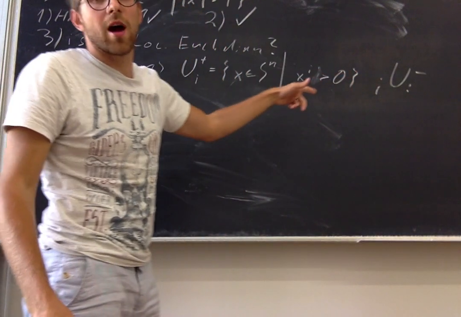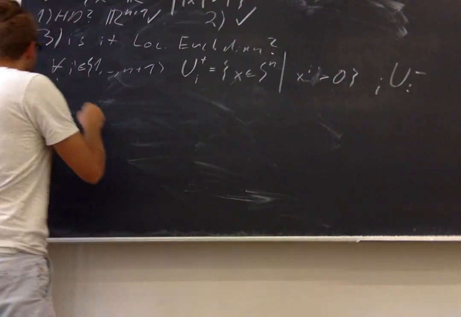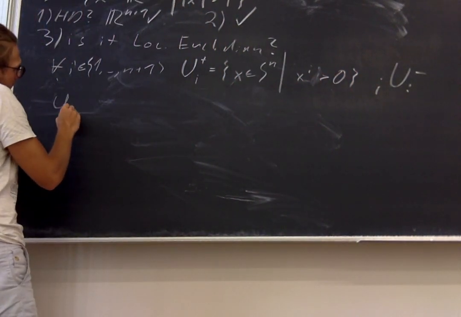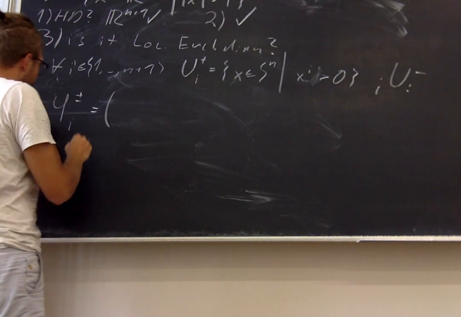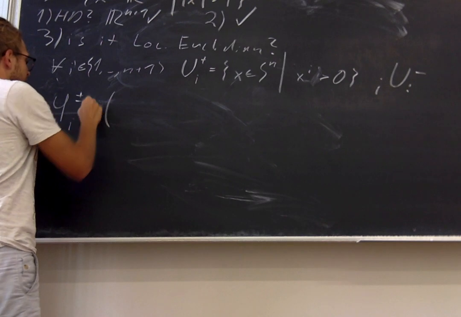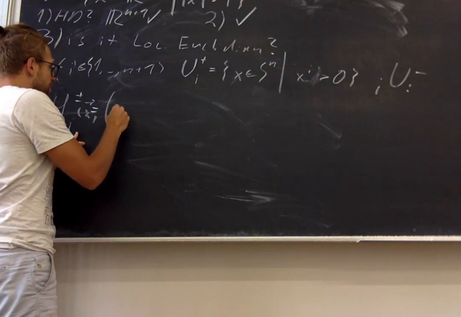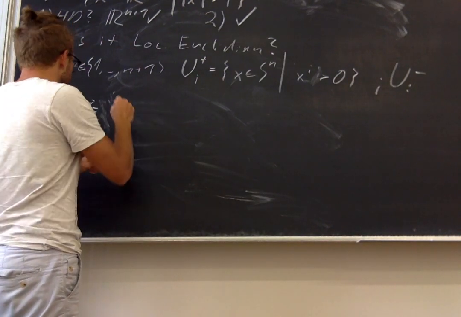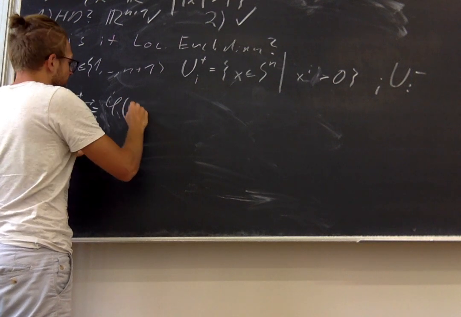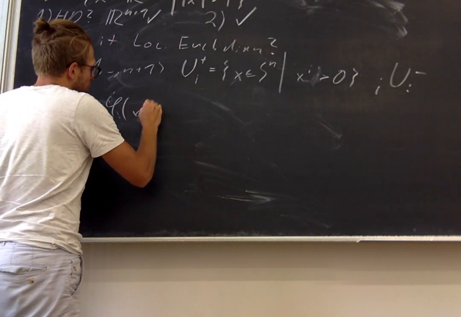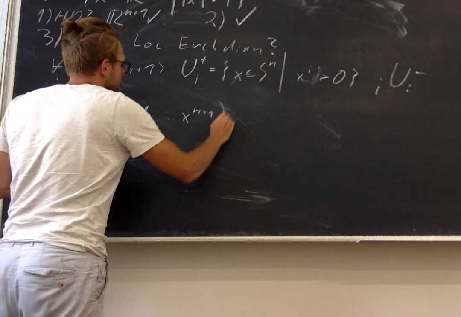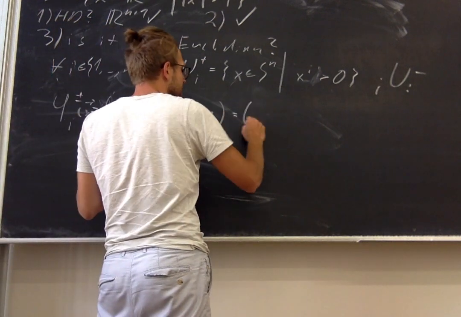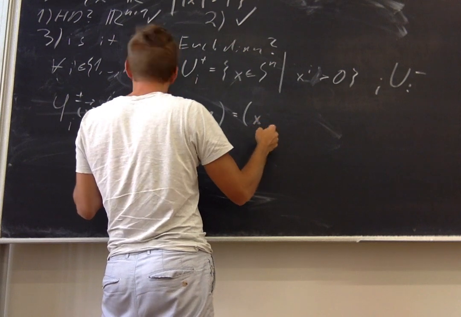And then we define phi i plus minus, I'll just write the vector x here. Phi of x1 to xn plus 1 we'll define as just leaving out the ith coordinate.